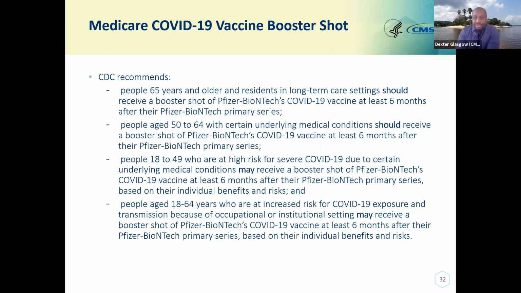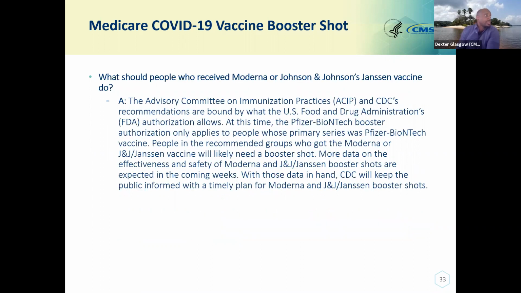Emergent evidence shows that among healthcare and other frontline essential workers, vaccine effectiveness is waning against COVID-19 infections. So pretty much, this slide just shows what people who received the Moderna and Johnson vaccine should do. We're still waiting on data to go ahead and give a green light on booster shots.